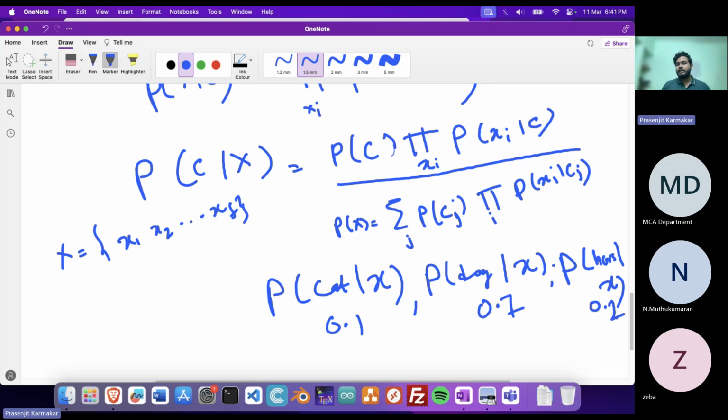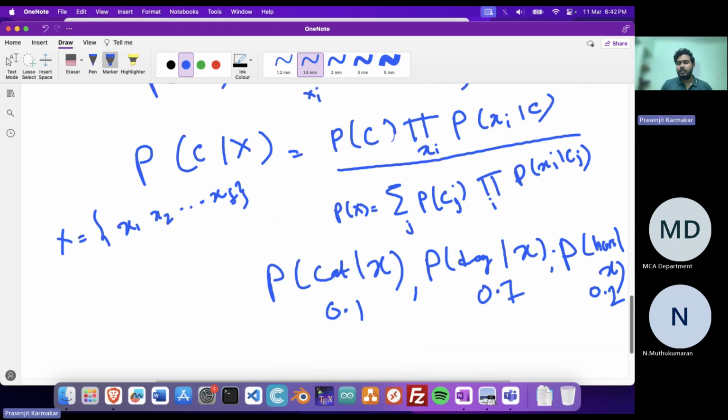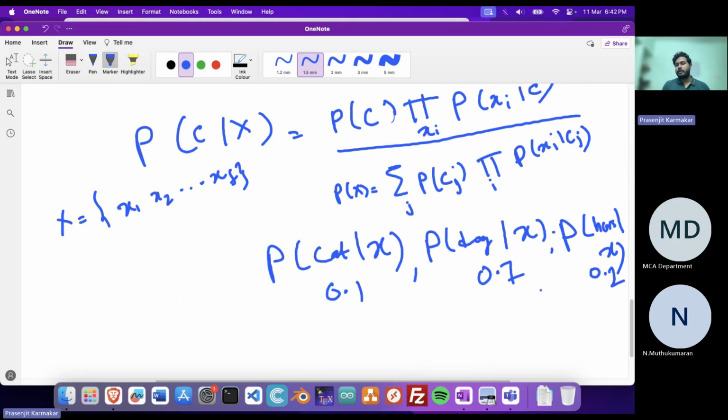If I sum across all the classes, it will be 1, because the denominator is actually the sum of all the numerators. So if I sum the probability of Cj given X across all the classes, the top and the bottom will be the same, and it will be 1.